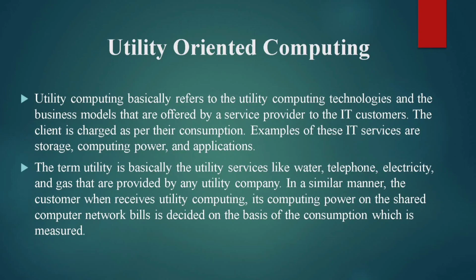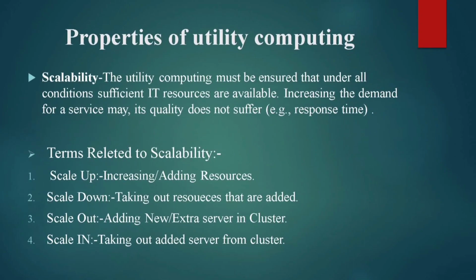Then our next point is properties of utility computing. In that, the first property is scalability. Utility computing must ensure that under all conditions sufficient IT resources are available, so that when the demand for a service increases, its quality does not suffer.